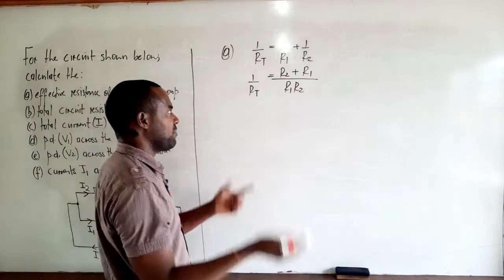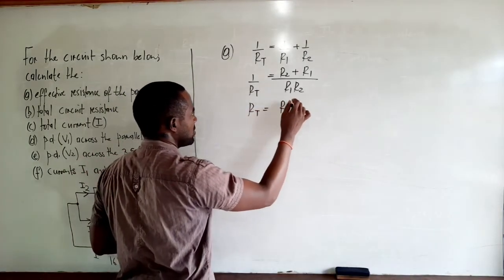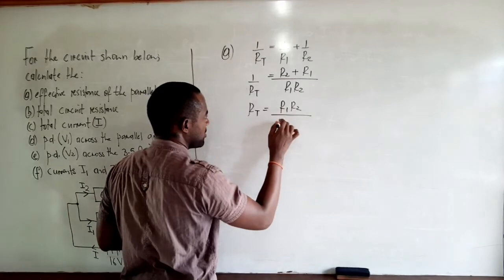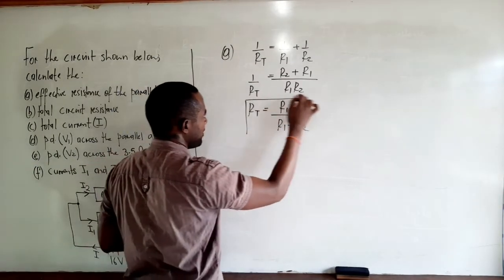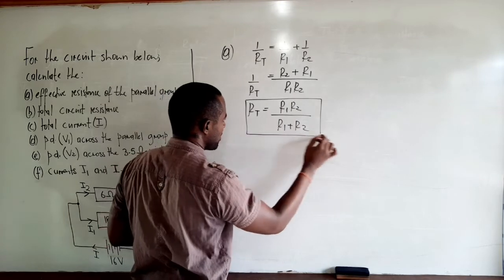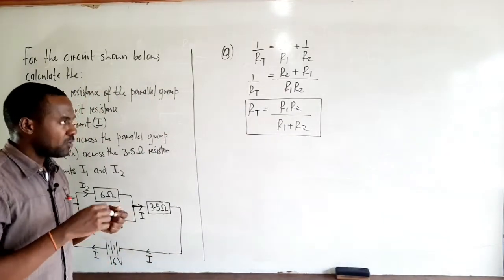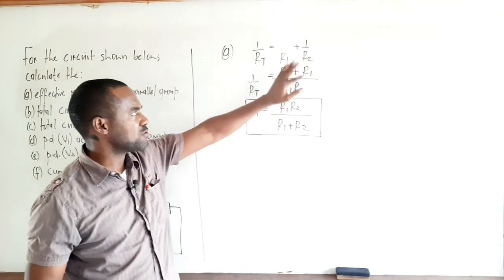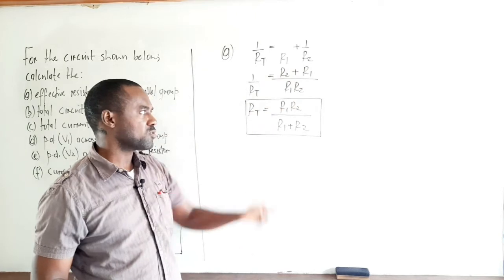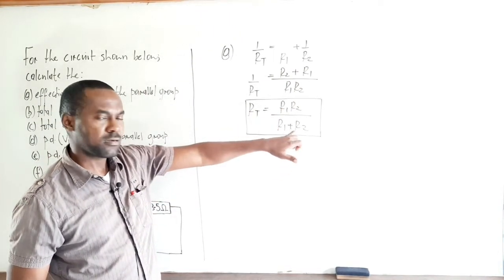And if we simply flip both sides, we get that RT is equal to R1 R2 divided by R1 plus R2. So basically, if we ever have two resistors connected in parallel and we want to find the total effective resistance, we don't need to go through these baby steps of writing down the fractions, finding common denominators and so on. We simply find their product and divide that by their sum.